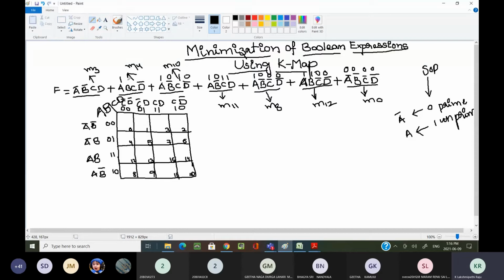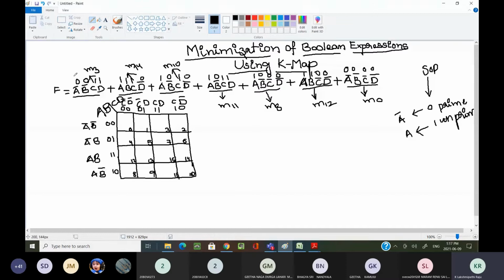Now 1110: A, B, C means 111, D bar means 0, so 1110 is min term 14. Don't get confused by seeing this M. Min term 14. Now 0011 is min term 3.